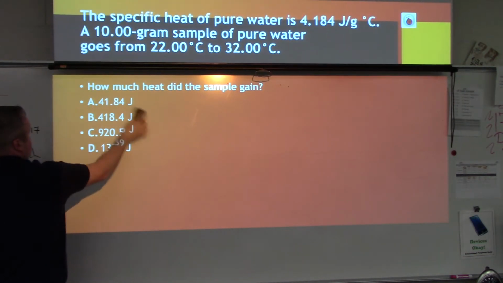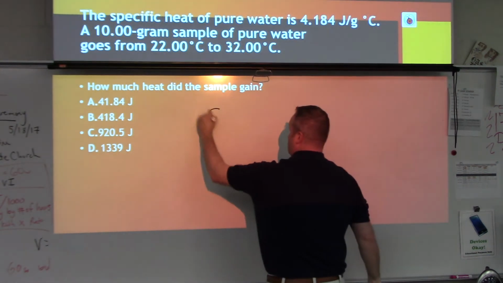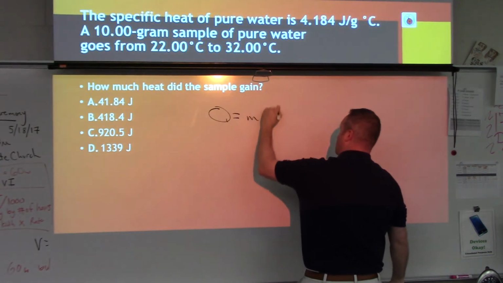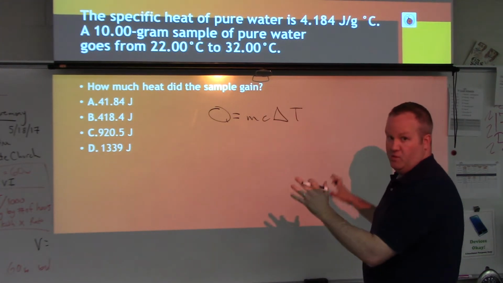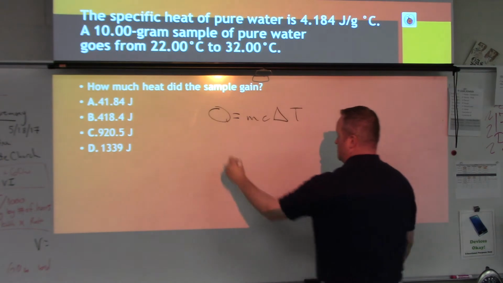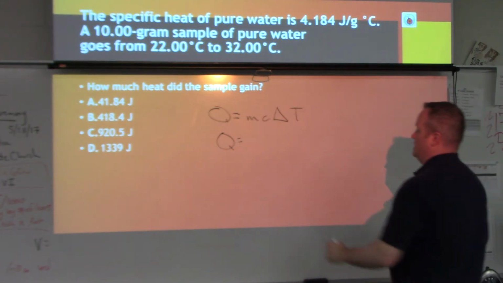So when I'm solving problems like this, I always like to start by writing my formula down. And then I will just replace the variables with the actual numbers. So we're trying to find Q. We know that we have a 10-gram sample.